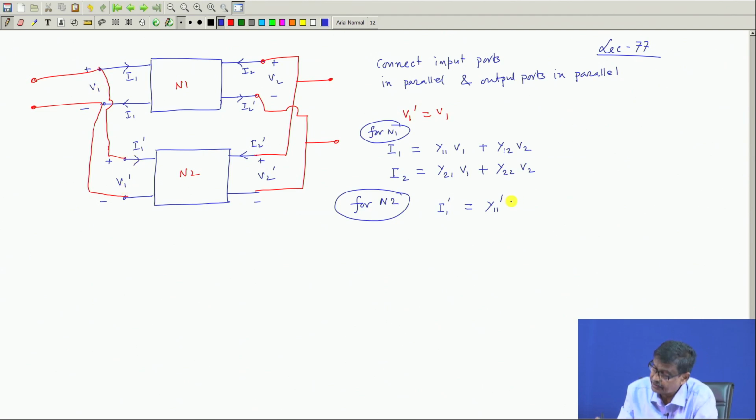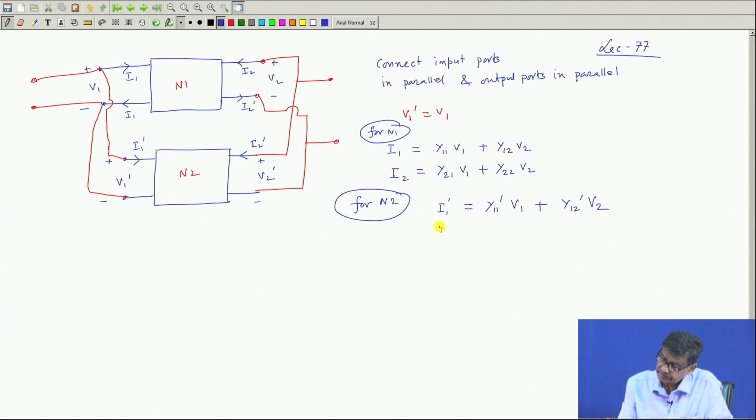So, I am straight away writing this as V 1 instead of skipping a step, plus y 1 2 dashed into V 2 dashed, but V 2 dashed and V 2 are the same. So, I am writing it as V 2.